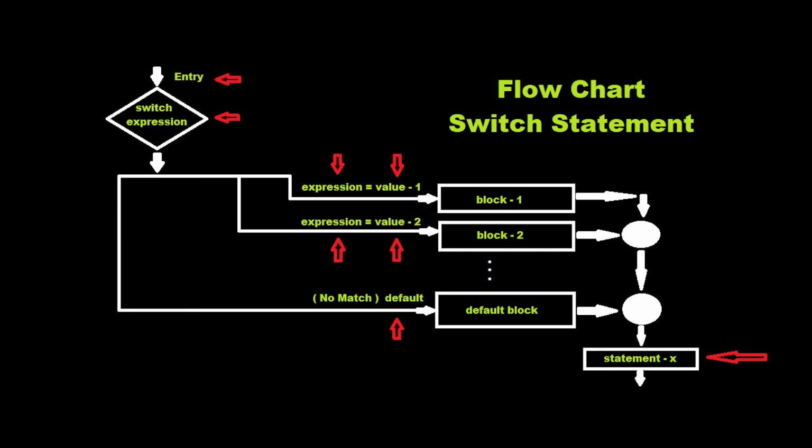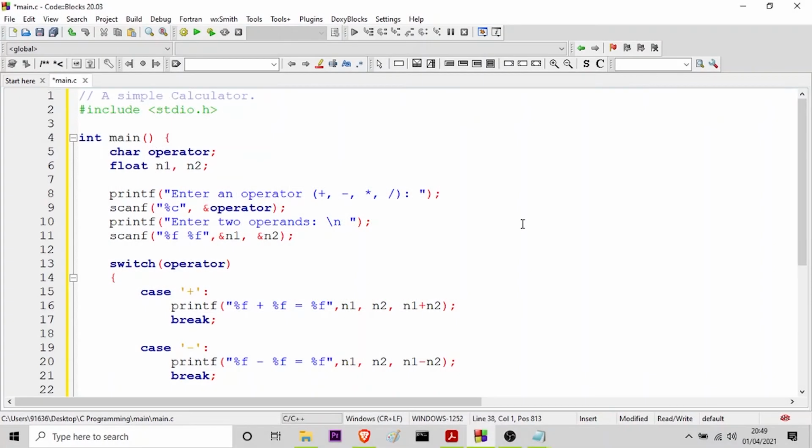So let us check an example of the switch statement in our editor so that we can understand the switch statement better. Here you can see I have written a program for a simple calculator using the switch statement. I have taken a variable operator which is of the character data type.